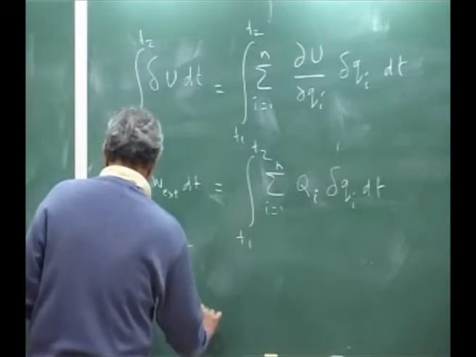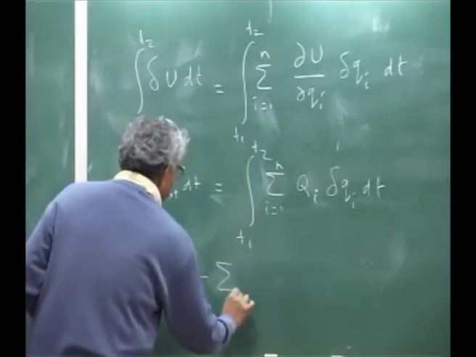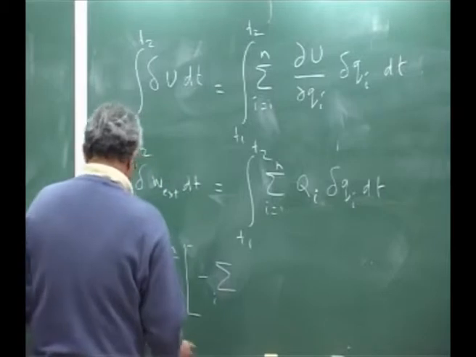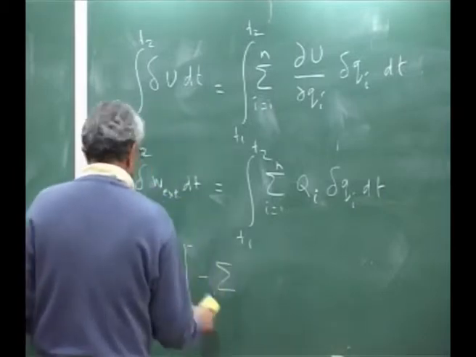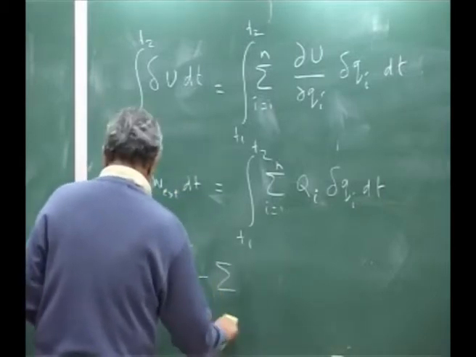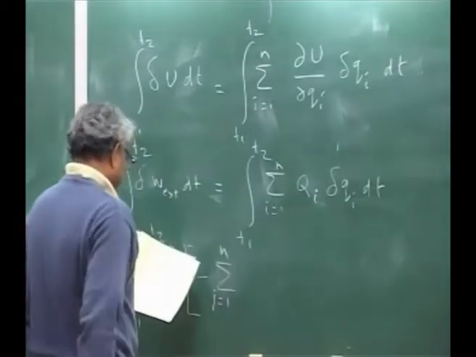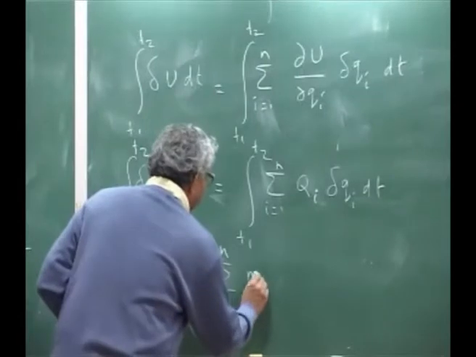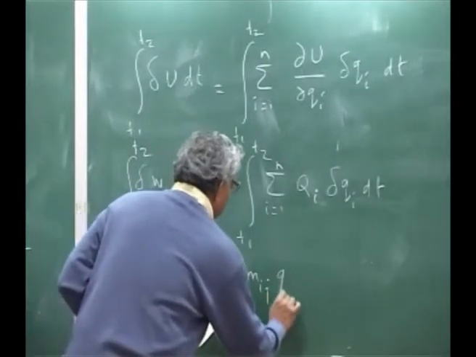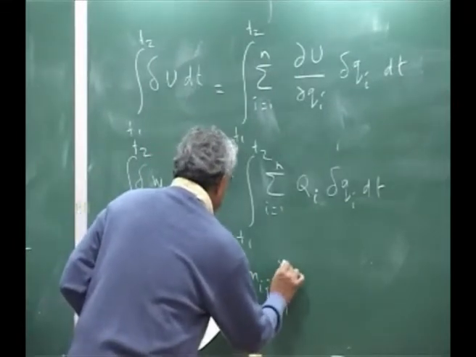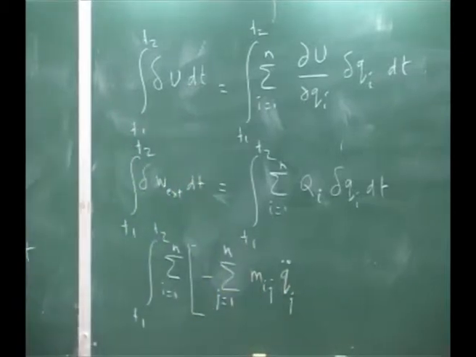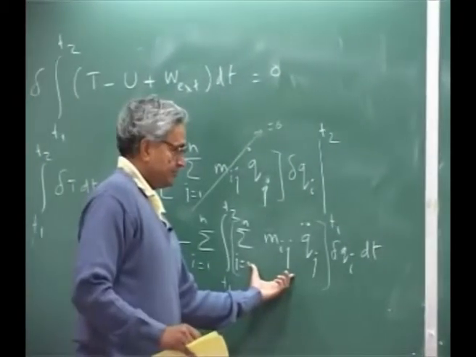You will have minus, there is no i, minus, j running from 1 to n, m_ij q_j double dot, that is this expression.